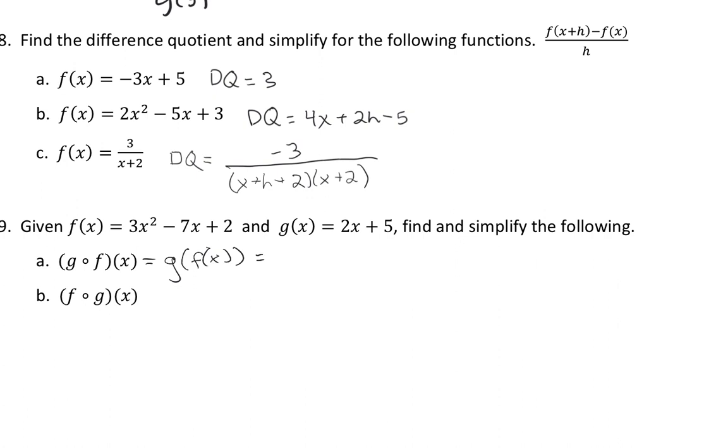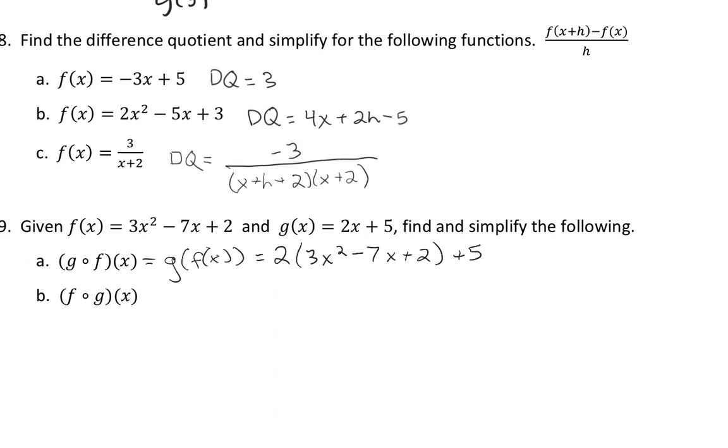Wherever there is an x in g of x, I'm going to replace that with the entirety of f of x. So that's going to be 2 times (3x squared minus 7x plus 2), close parentheses, plus 5.